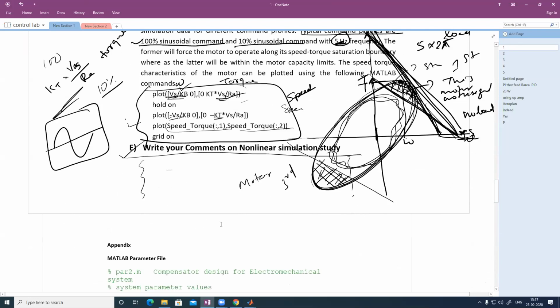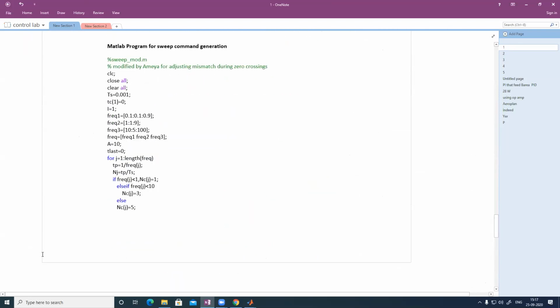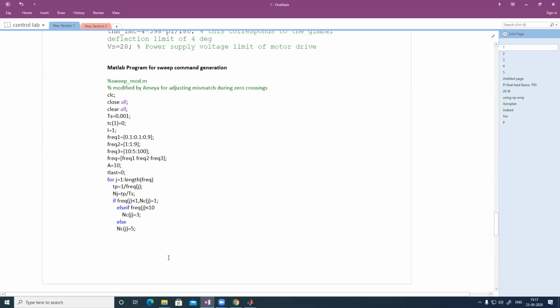This is the program for SEEP.m. The clear all command will clear the workspace, so be careful about it. Your system is running at a fixed step, and the fixed step size is 0.001.